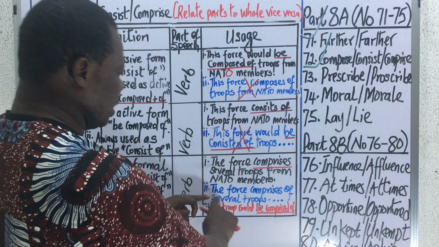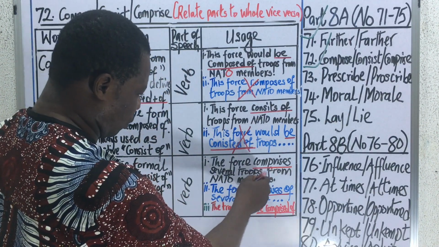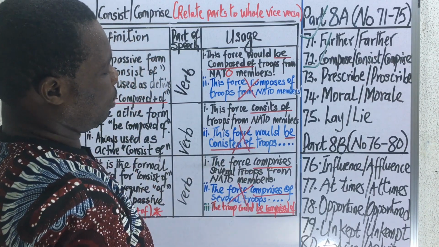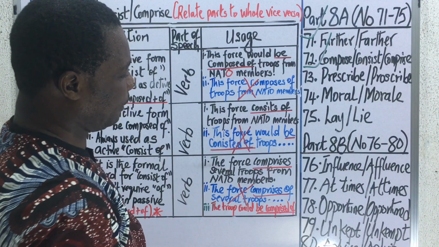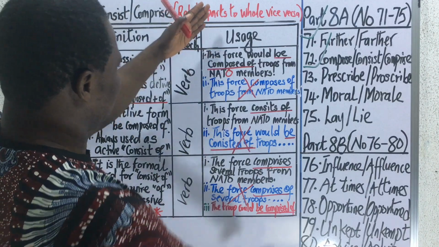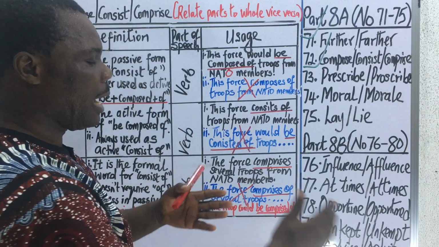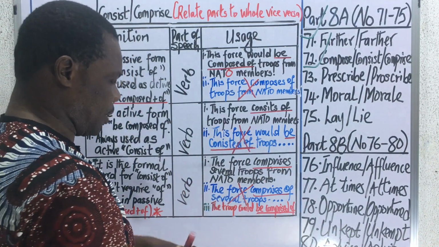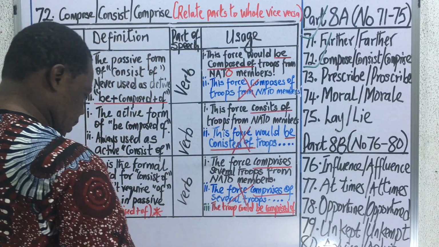So when you say this force comprises of, then you are going to fall into errors. Okay, so there's nothing like comprises of in English. All right, so you can say that the three words mean the same thing but have different characteristics in their usage.